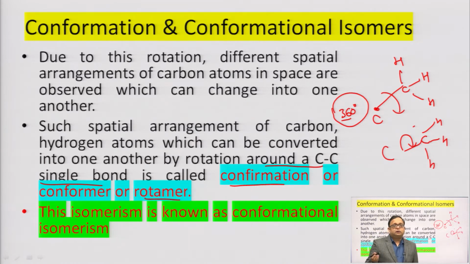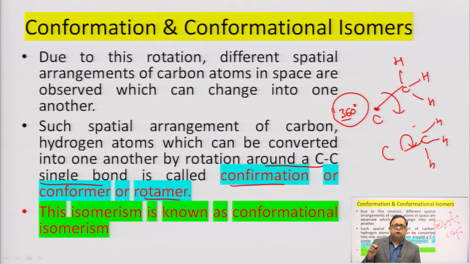The various arrangements resulting from different rotations are called conformations, conformers or rotamers, and the phenomenon is called conformational isomerism.